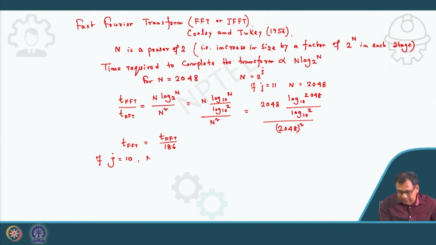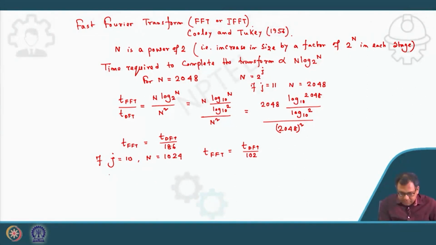Now, in a similar way we can do that if j is equal to 10. In that case n will be equal to 1024. In that case T FFT is equal to T DFT by 102. That means if n is equal to 1024, the FFT is around 100 times faster than DFT.